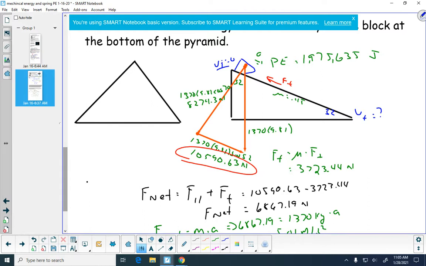But I do have a triangle here. The height of this pyramid is 147 meters. This angle is 52 degrees. I can use my good old buddy Pythagoras and my trig ratios to find that displacement. Which trig ratio would relate this angle to these two sides?